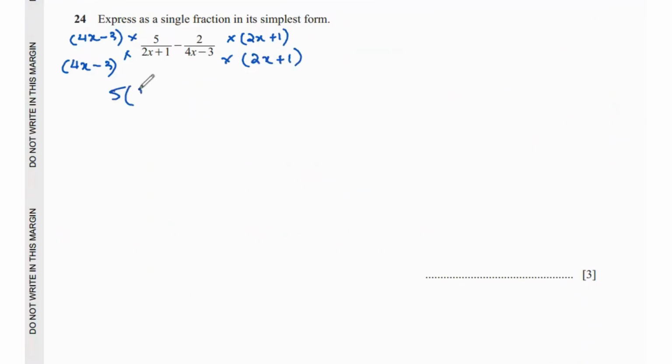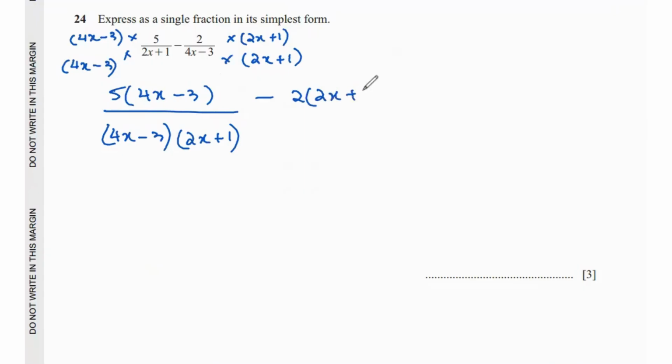So that's 4 times (4x minus 3) over (4x minus 3)(2x plus 1) minus 2 times (2x plus 1) over (4x minus 3)(2x plus 1).